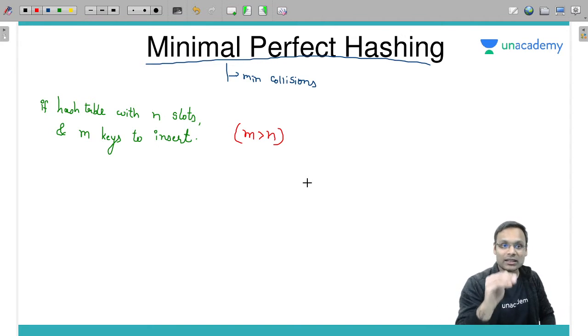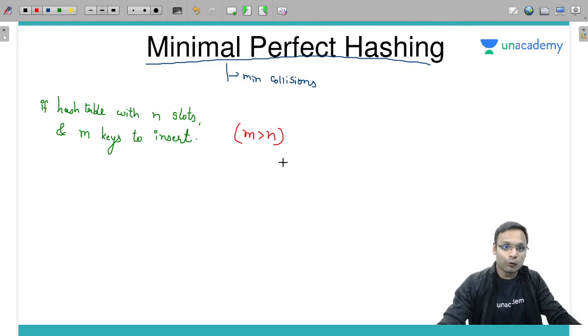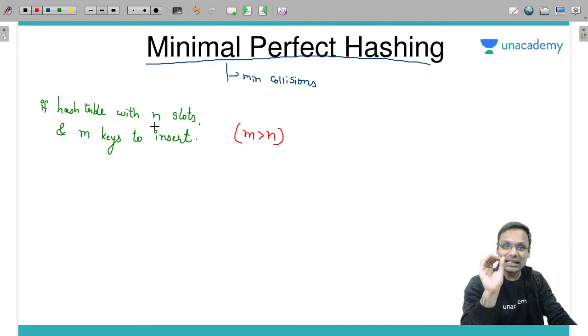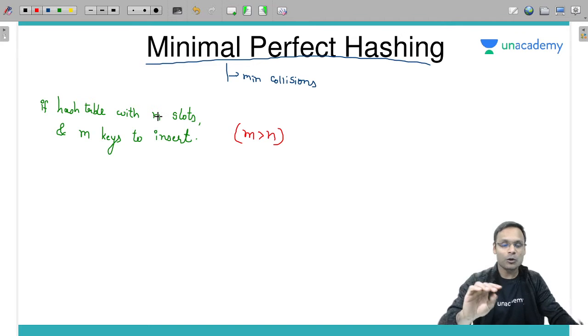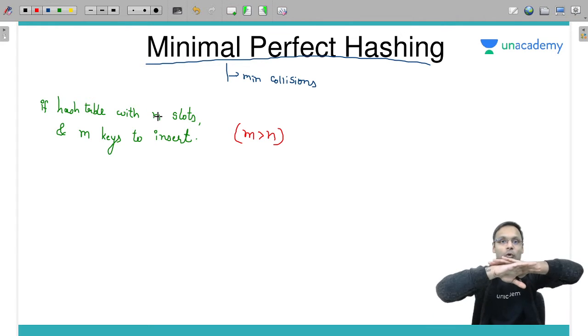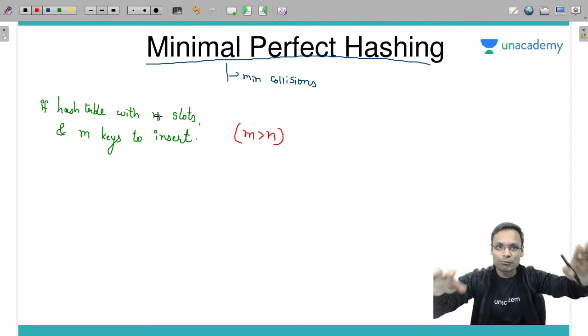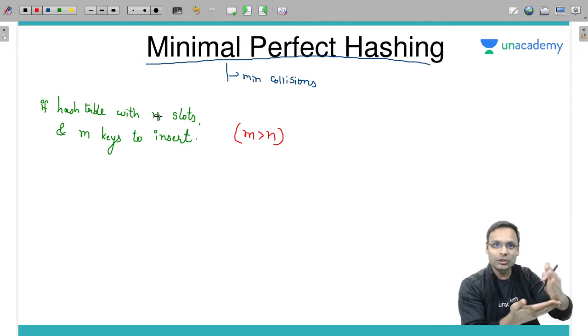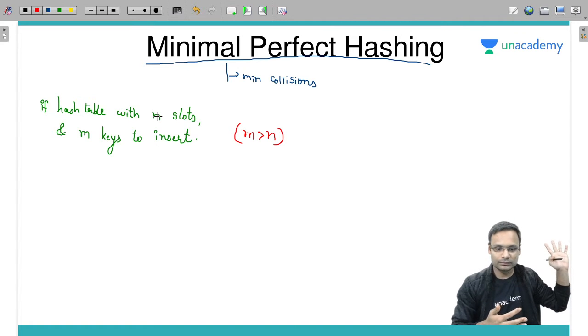If you are inserting keys to fill the starting N slots, you should not have any collision. Whatever N slots you have, one slot, one key, one slot, one key, you fill all the slots first. After that, for the remaining keys, collision, collision, collision.